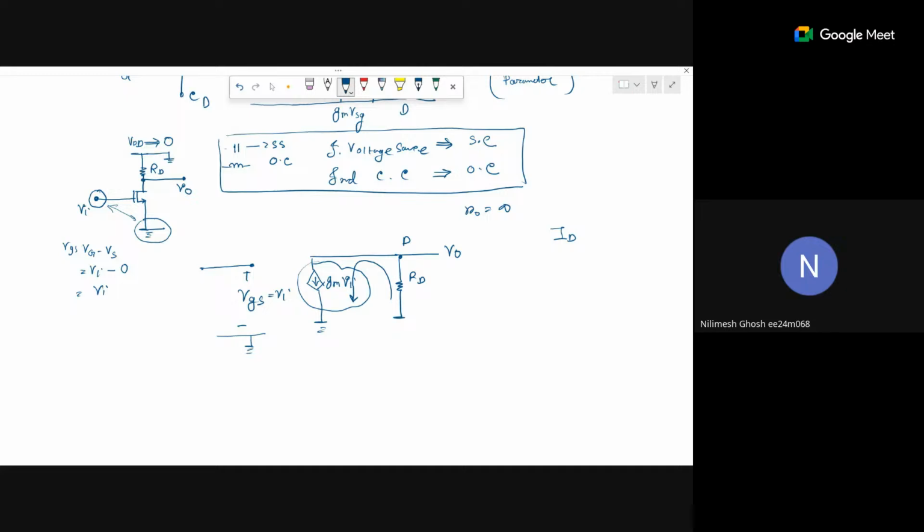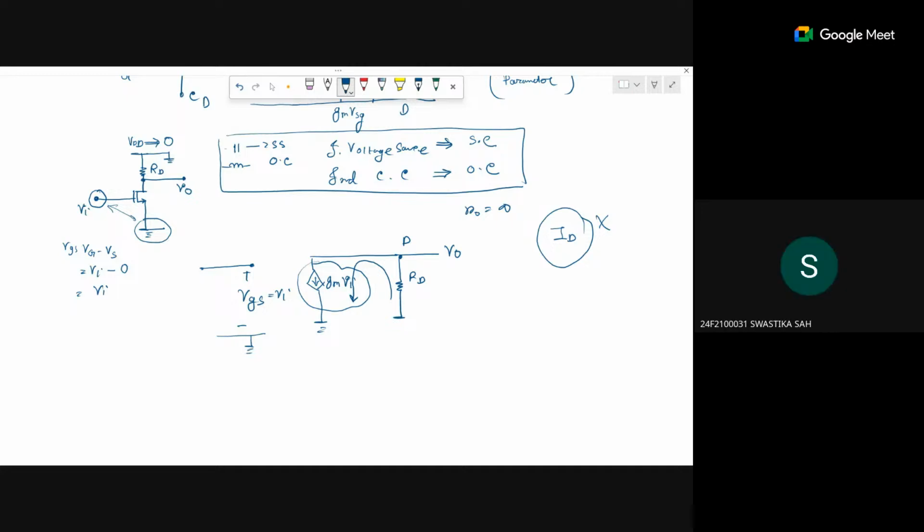ID comes in the DC picture, but now we are discussing the AC signal, so the DC parts will not come here. Whatever you are seeing now is all small signal.